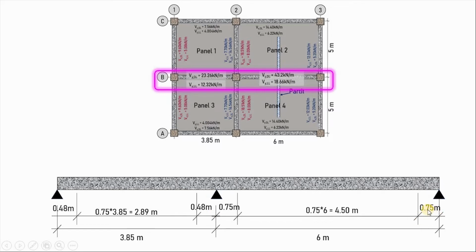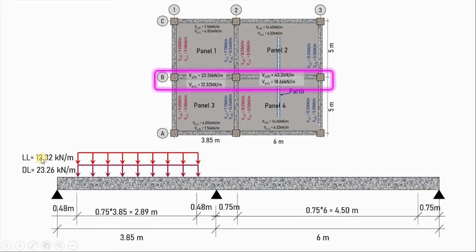Now let me show you how you are going to distribute the load. The load will be applied like this. The dead load is 23.26 in the middle 0.75 of the length of this beam, and the live load will be here also 12.32. The 23.26 is here.